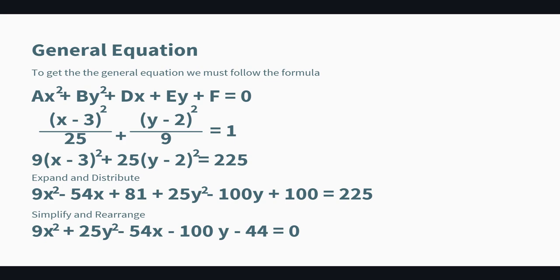So after that, we just have to expand and distribute, which gives us 9x squared minus 54x plus 81 plus 25y squared minus 100y plus 100 is equal to 225. We just have to simplify and rearrange the values, which would give us 9x squared plus 25y squared minus 54x minus 100y minus 44 is equal to 0.